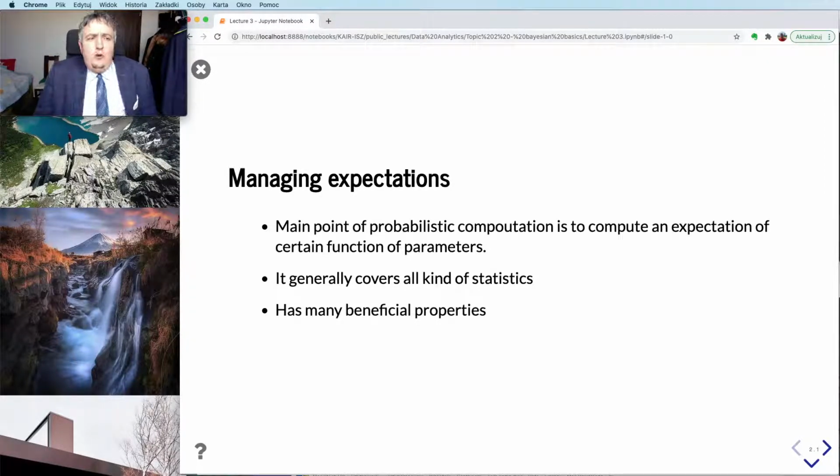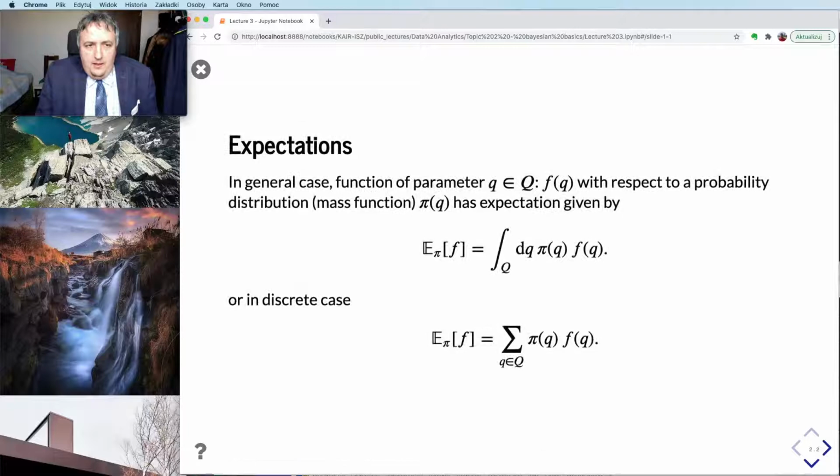This can cover almost all kinds of statistics present in computation, and it has many beneficial properties, because expected values of certain functions are usually the best method of determining such values in the Bayesian framework. The expectation of the posterior distribution is in many senses optimal for computation.